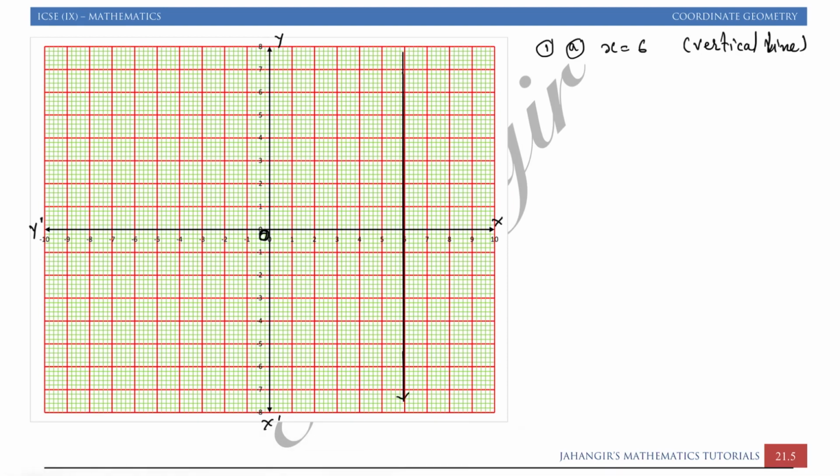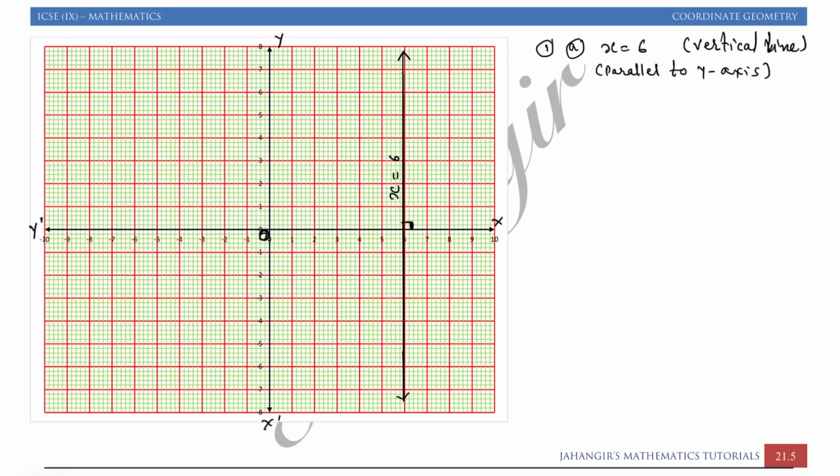This is the line of x equal to 6. This is the graph of x equal to 6. The line x equal to 6 is a vertical line which is perpendicular to the x-axis and parallel to the y-axis. This you don't have to write, it's just for explanation purpose. Just memorize all these points. Whenever we have an equation x equal to a constant, it is a vertical line parallel to the y-axis. All these terms will be helpful in 10th standard.